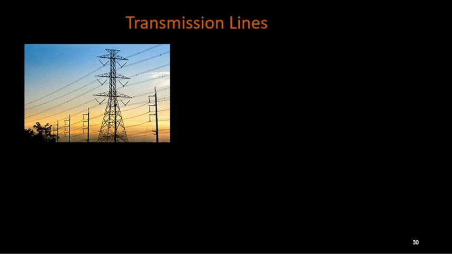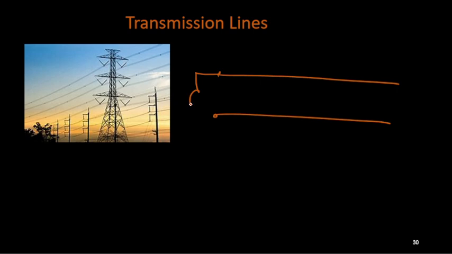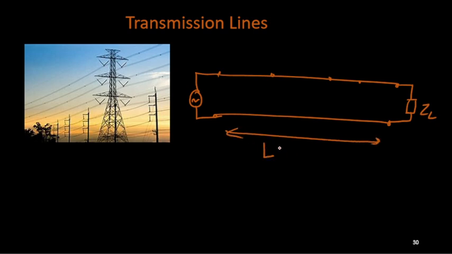If the electrical signal is going through a long line, and here you apply one source, and here you use one load, ZL, you may not expect the same voltage or same current at every point, because the length of this line is very large, especially compared to lambda, where lambda is the wavelength of this signal from the power supply.